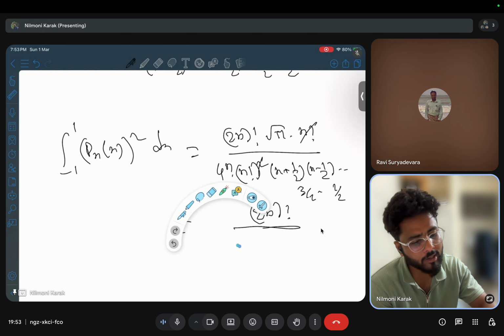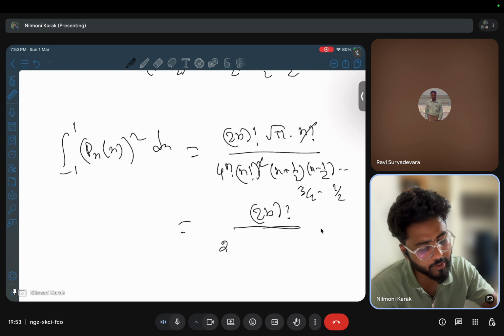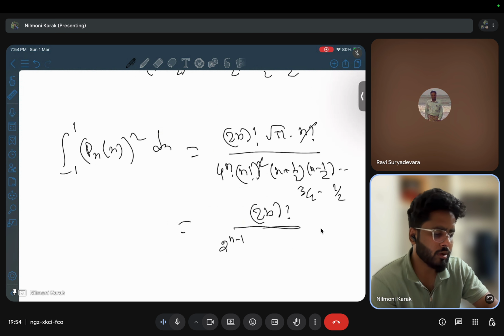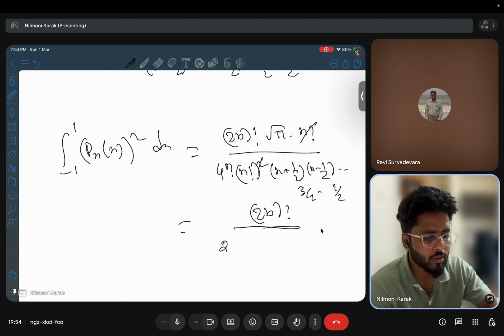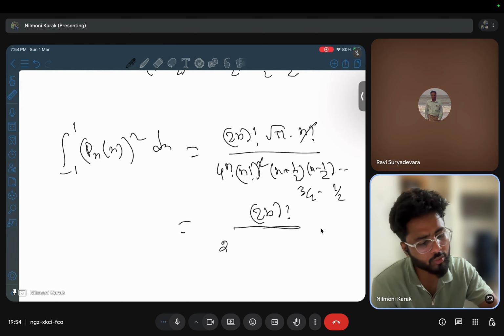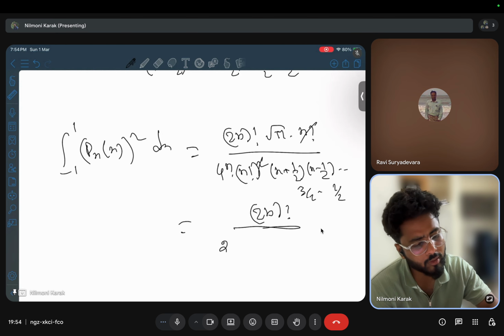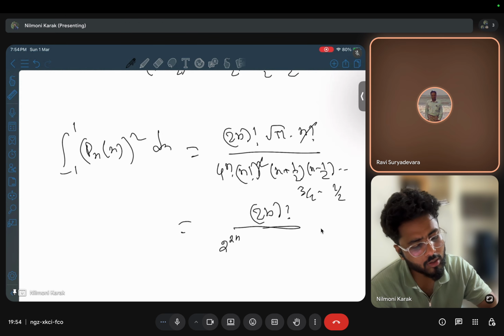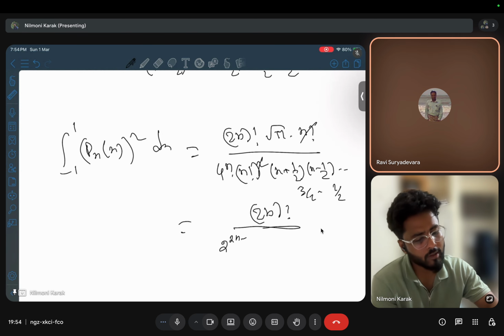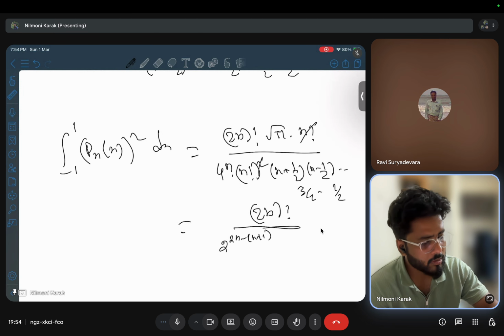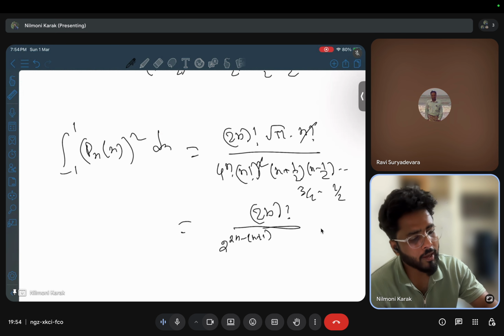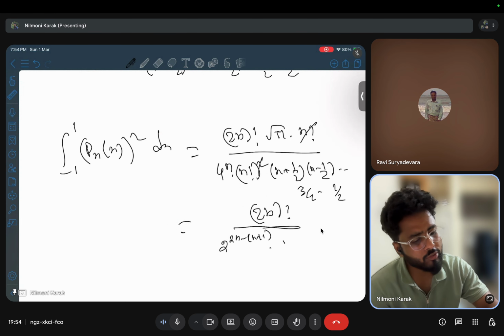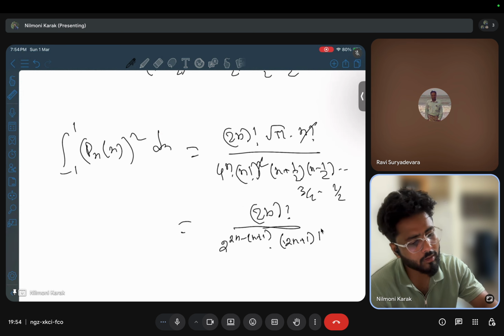So you can multiply this by 2 to the power n, 2 to the power n minus 1, not n minus 1, sorry. So this is 2 to the power 2n, right? 2 to the power 4n means 2 to the power 2n. So 2 to the power 2n minus n plus 1, and this will become 2n plus 1 factorial.